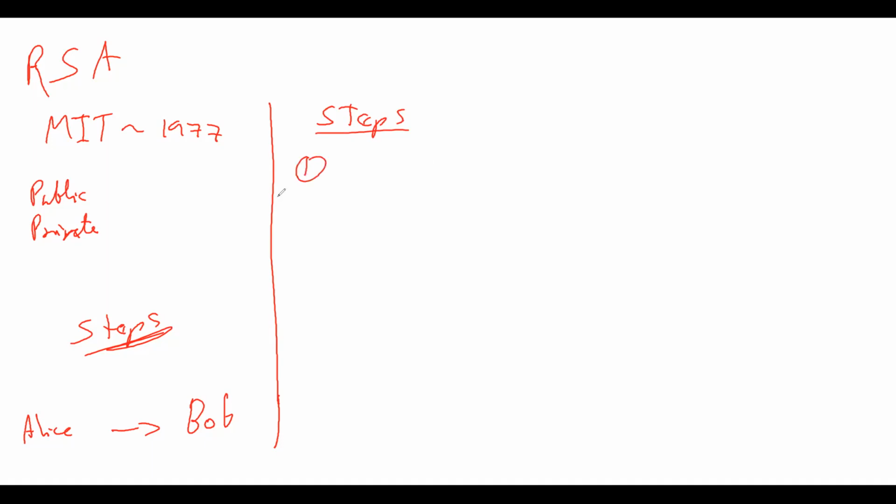From a high level point of view, what should happen? And as I said, we're going to look at this in a lot of detail as we start looking at the algorithm.